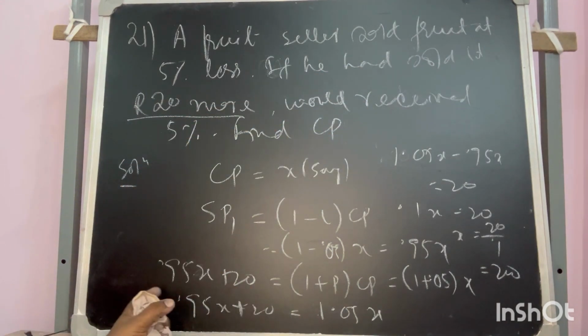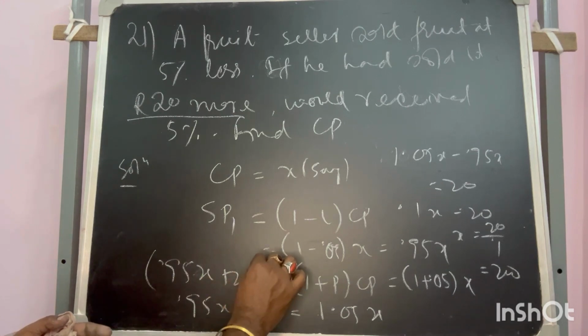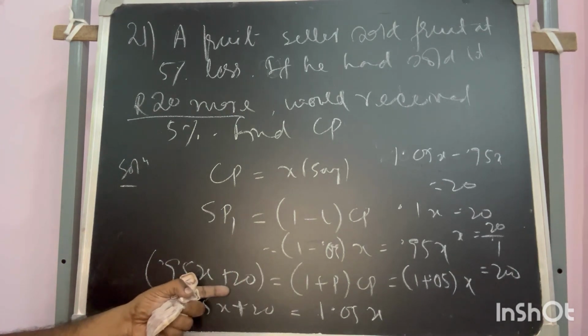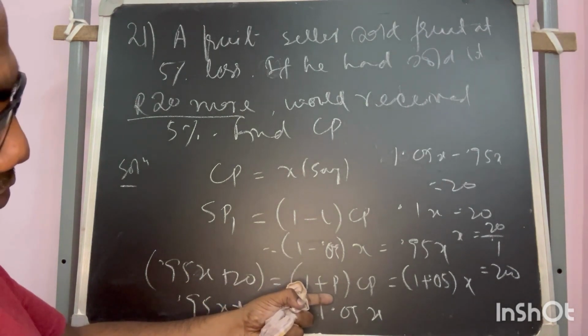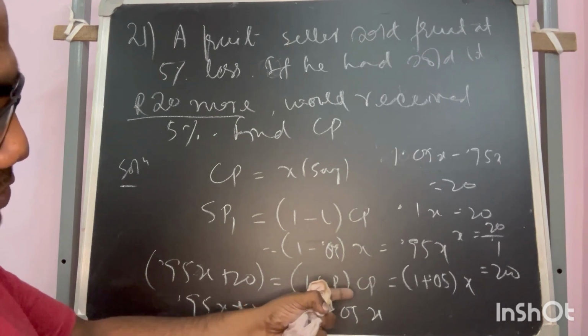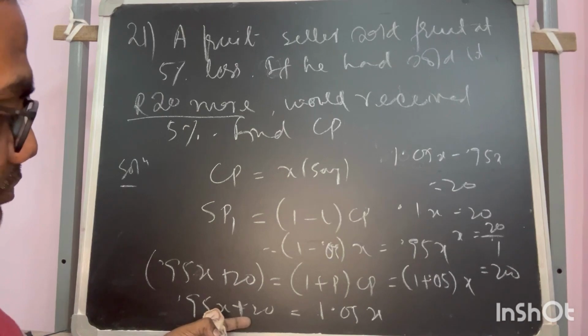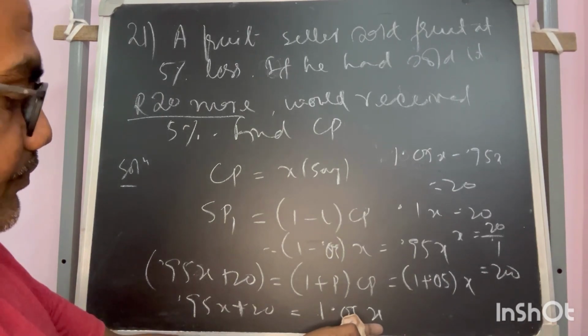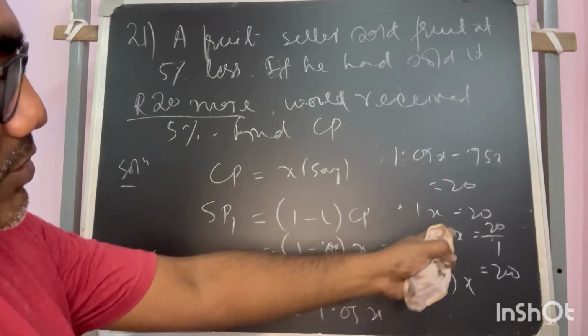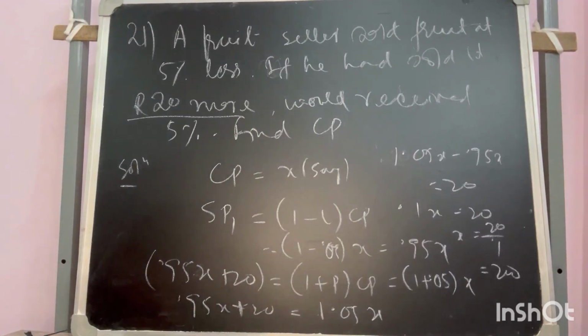So this is the assumed selling price that would give you the profit of 5%, that is equal to 1 plus P into CP. So this will give you an equation of single order in X. So if you solve it, the X can be easily found out.